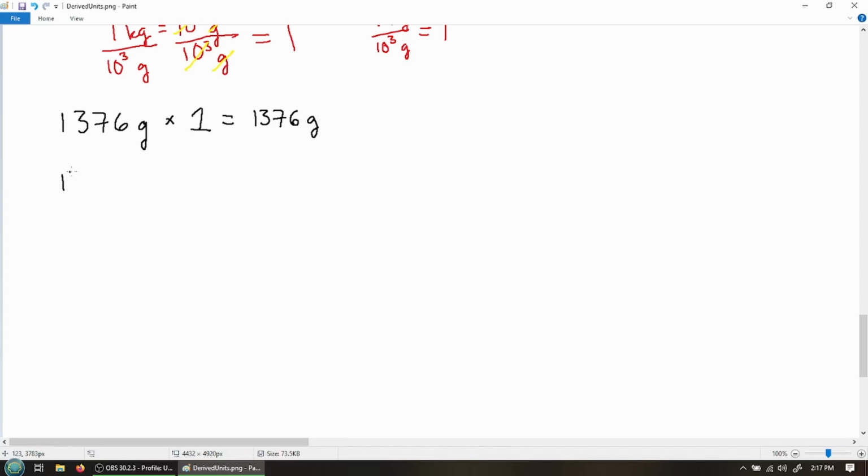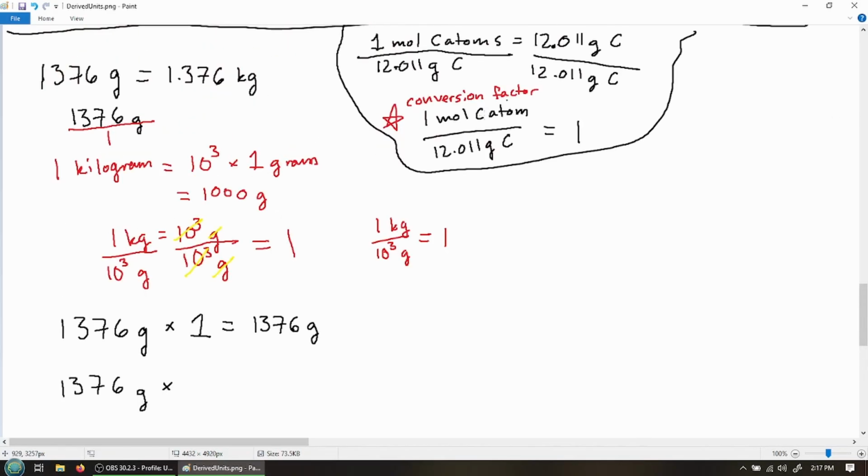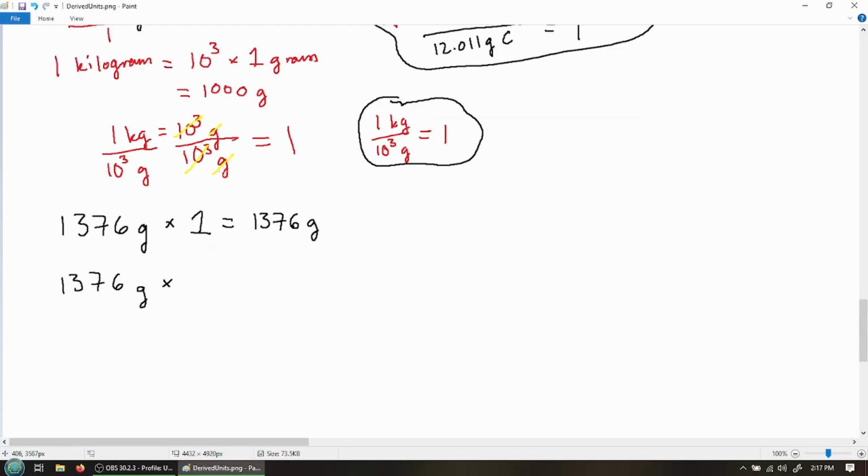So now let's just re-express that 1 in the format we just wrote. We just saw right here that we can write it in this format. So let's just copy that down here. 1376 grams times 1 kilogram divided by 10 to the third grams. And when I multiply this out, this is essentially taking this number, 1376, and dividing it by 1,000, right?